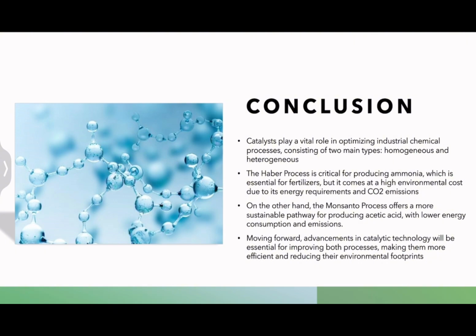On the other hand, the Monsanto process offers a more sustainable pathway for producing acetic acid with lower energy consumption and emissions. Moving forward, advancements in catalytic technology will be essential for improving both processes, making them more efficient and more environmentally friendly.